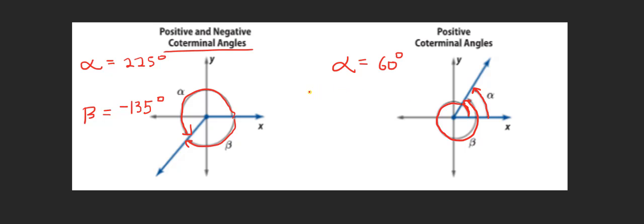So it's going to be 60 plus 360, which is going to be 420. So basically, alpha and beta have different measurements, but again, they have the same initial side and the same terminal side. So 60 and 420 are another example of coterminal angles.